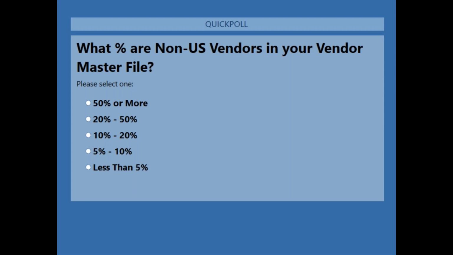As a matter of fact, quite a few of them don't know how many active vendors they have across their vendor master files, especially if they have multiple ERPs. And so if you don't know, don't worry about it. You're not alone, but I would definitely take a look at how many non-US vendors you have in your vendor master file, because that lets you know what different things you may have to do when you're doing your cleanup or your onboarding.